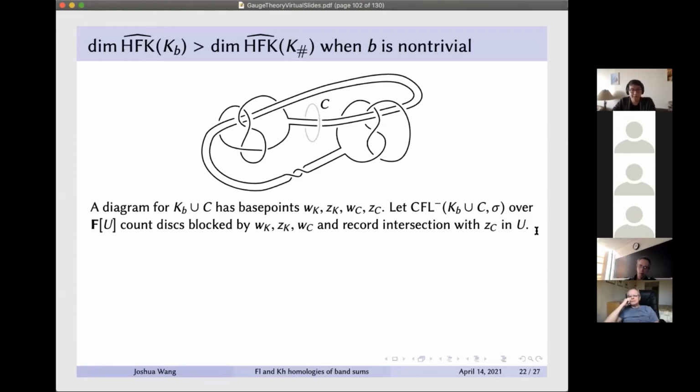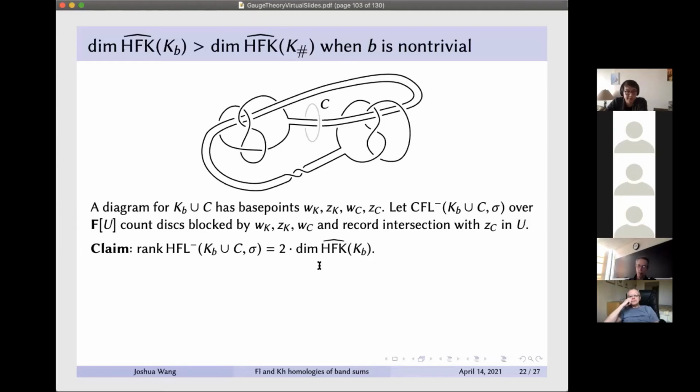And I claim that if you take the homology of this version of link Floer homology, and I've added this sigma here to remind you that it's a funny version of link Floer homology, it contains the data of the dimension of the knot Floer homology of K_B. So in particular, if you take this F adjoin U module and look at its rank, it is twice the dimension of the knot Floer homology of K_B.